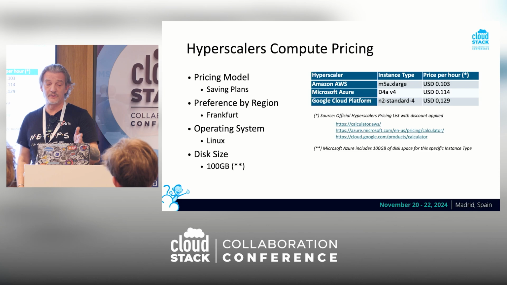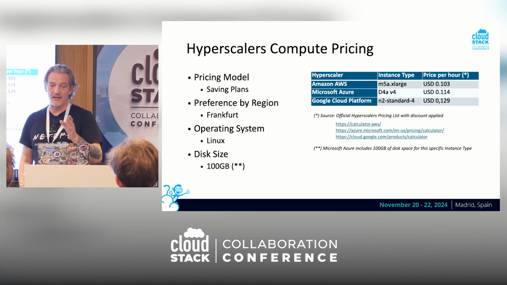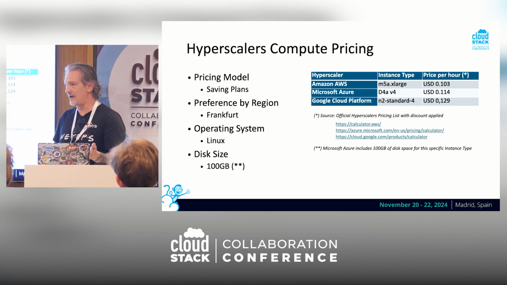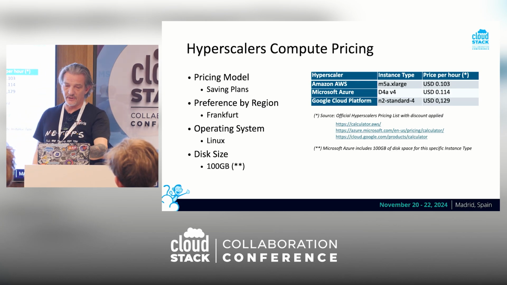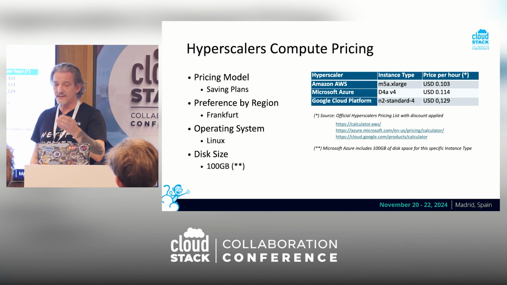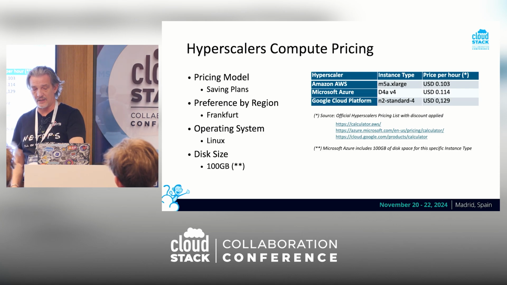And for each instance, we will have 100 gigabytes of disk space. The price is per hour, as the hyperscalers bill per hour, by the way. You can access the calculators from AWS, Microsoft Azure, and Google Cloud.